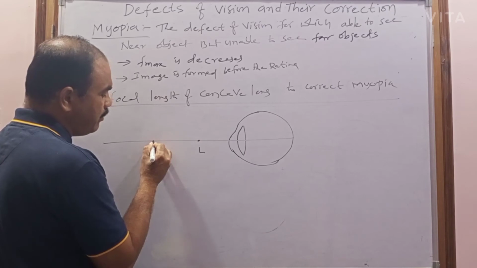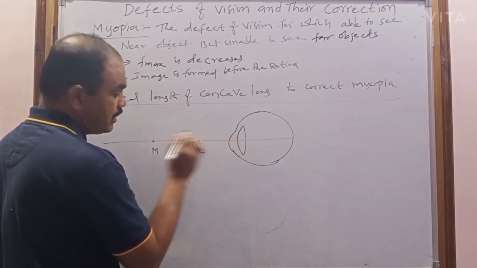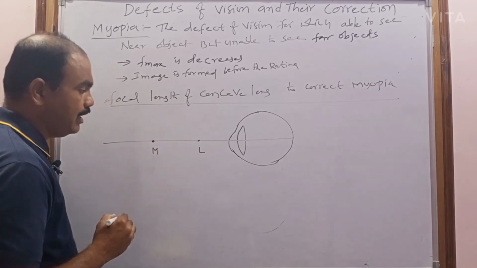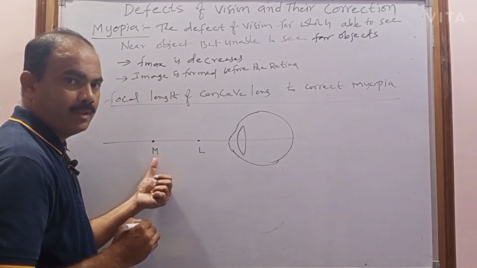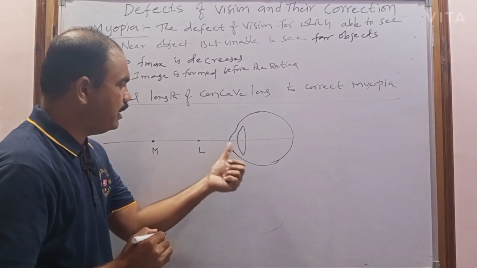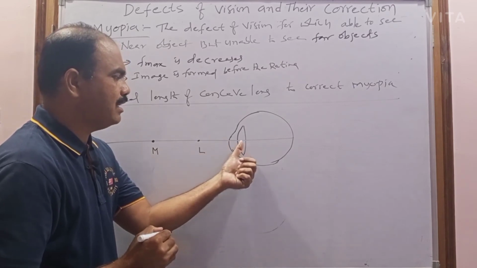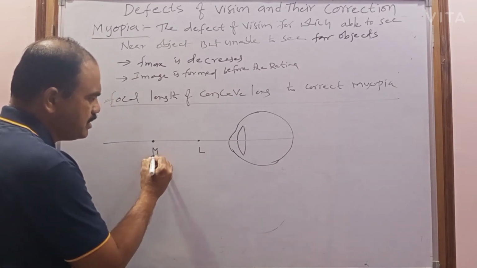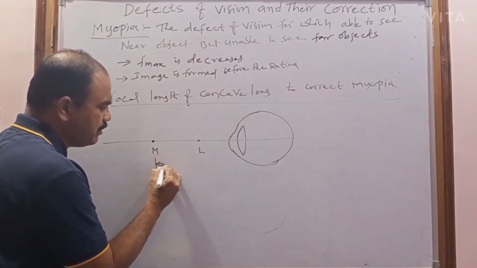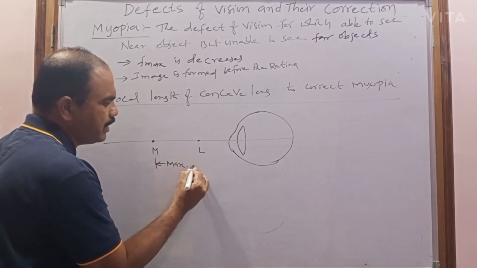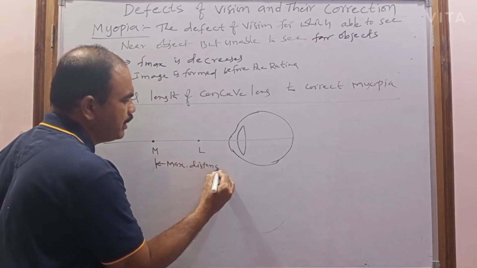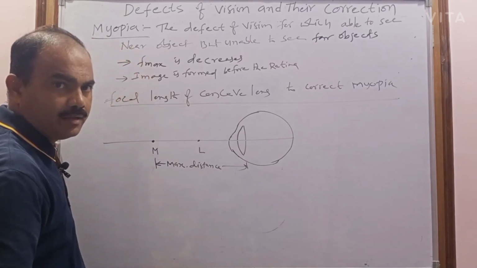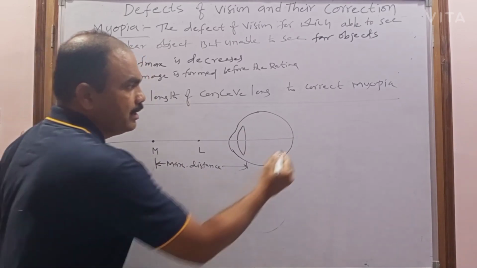When the object is at M, only then can the eye lens form the image on the retina. This is the maximum distance for that person at which the image can be formed on the retina.